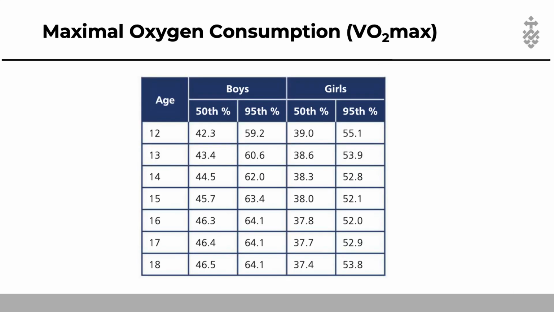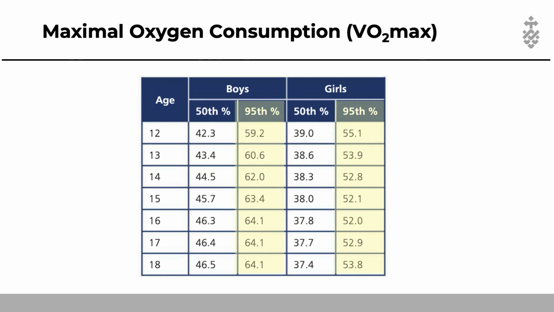young children. However, we can see here the average VO2 max results for boys and girls aged 12 to 18 years there. So that 50th percent is the average. And we can also see what a high VO2 max score for these kids would look like.